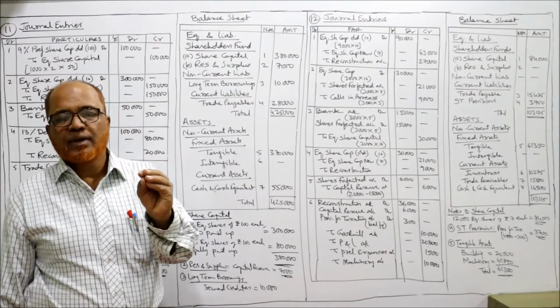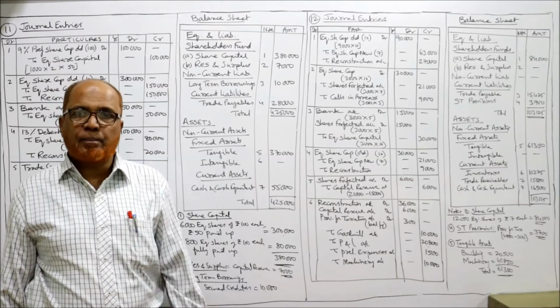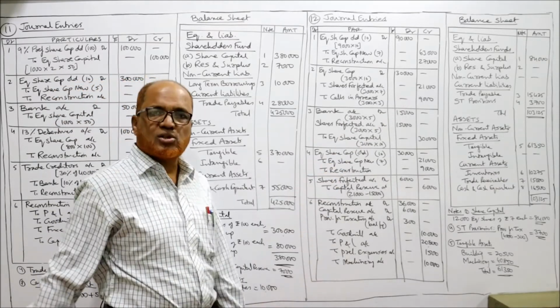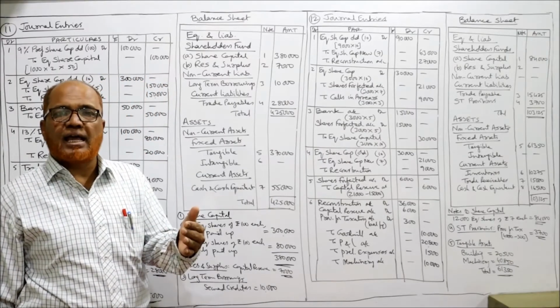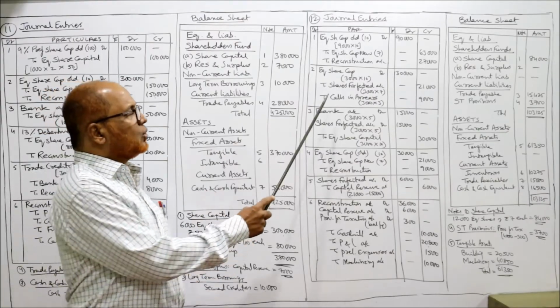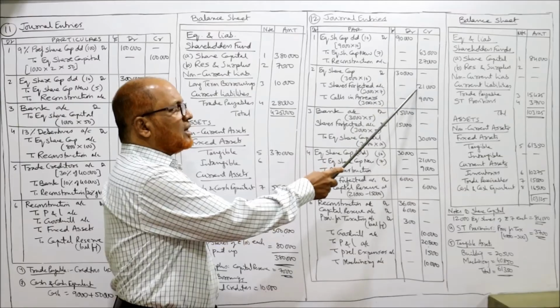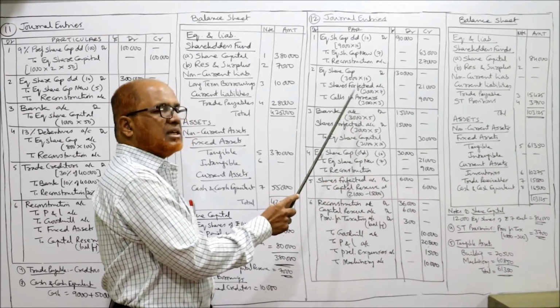10 rupees में 3 rupees he has not paid. 7 rupees he has already paid to the company. So 3,000 into 7, 21,000 he has already paid. And how much he has not paid, calls in arrear? 3,000 into 3, 9,000. To calls in arrear 9,000. So 30,000 में 21,000 he has already paid and 9,000 he has not paid, calls in arrear.